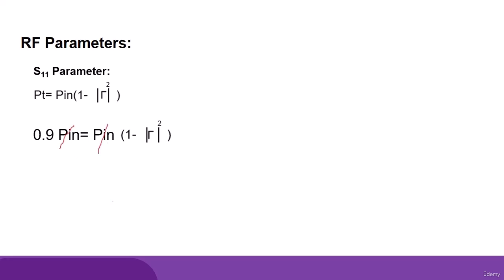So the remaining equation is 0.9 equals 1 minus the reflection coefficient squared. If I need to find the reflection coefficient from this expression, we see that the reflection coefficient is 0.316 or 31%.